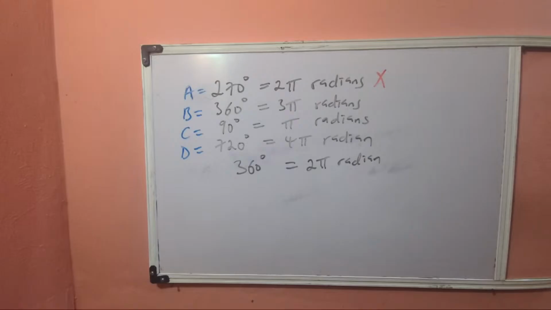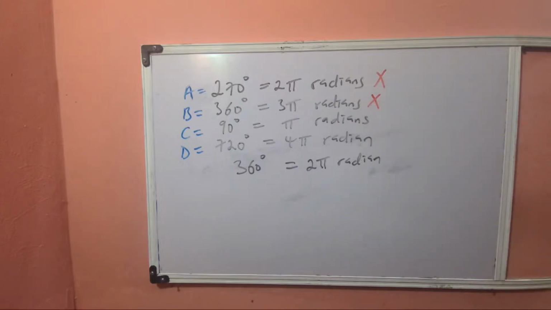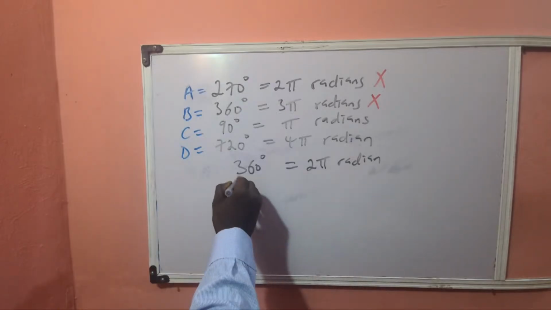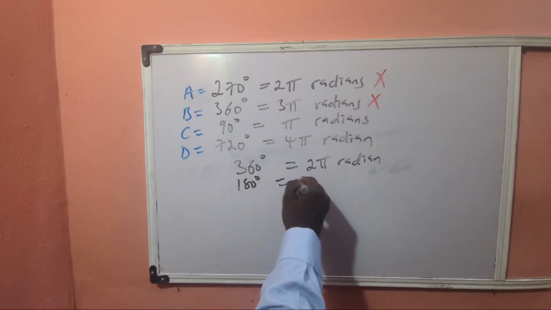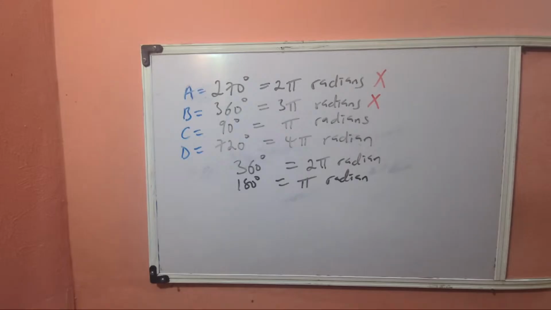Option B, I'm told that 360 degree was 3 pi radian. Of course, that's very wrong also. Now, if you look here at what we wrote, we can easily divide both sides by 2, and we have 180 degree being equals to pi radian. So obviously, option C, where I saw pi radian being 90 degree, will be very wrong also. So let's see the basis on which option D is going to be correct.